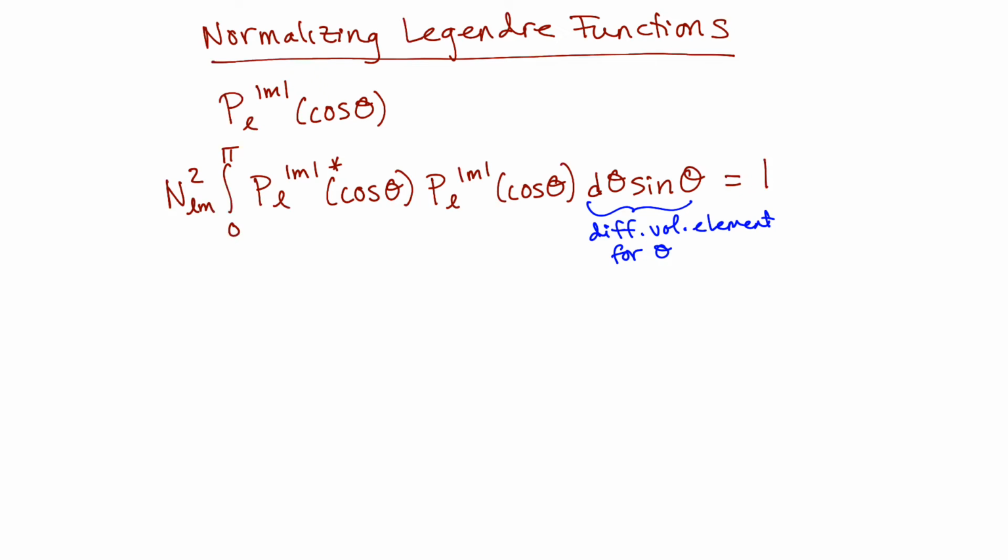Just a quick note here that sometimes when you're looking at different texts, so from a Corey example, a lot of times you'll see that the differential volume element gets put out front. So this would start off with d theta sine theta p sub L to the absolute value of m, and so on. Okay, so you'll see this either tagged on at the end like I've done it here.